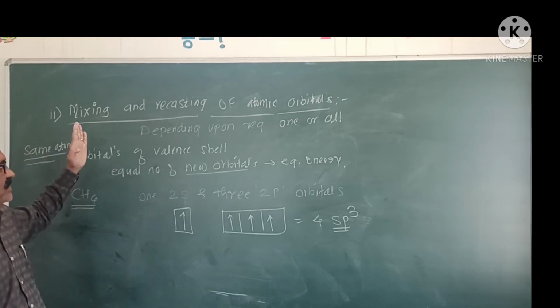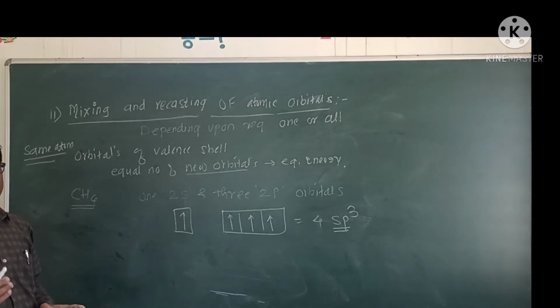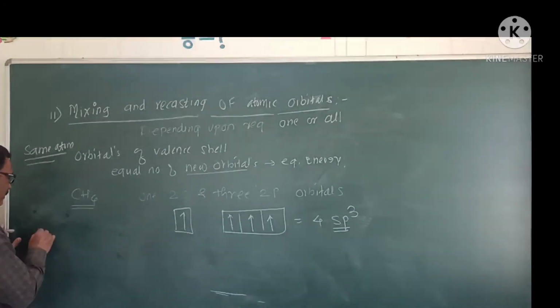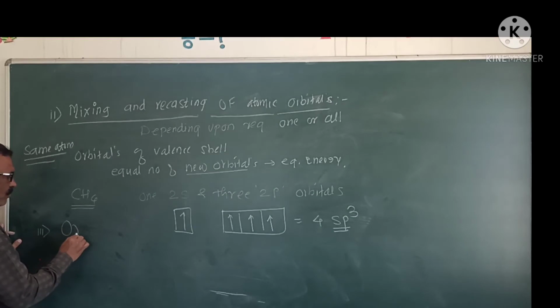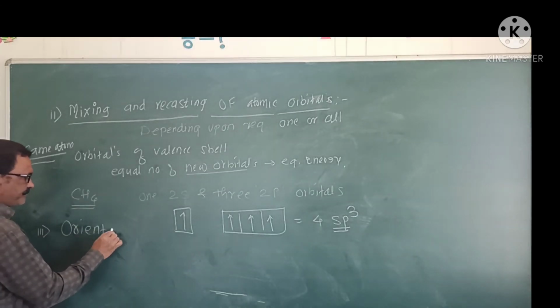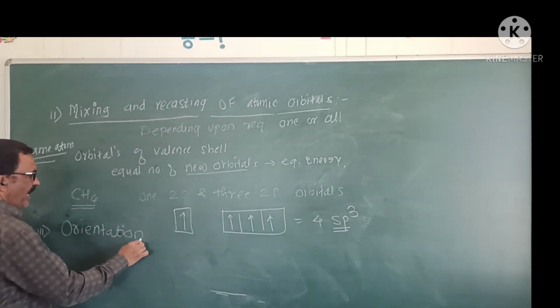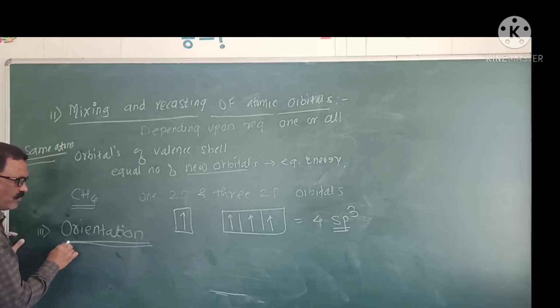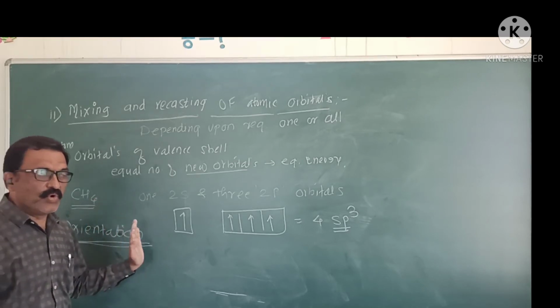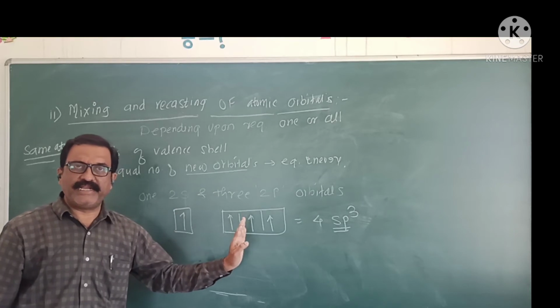That is the next step, the orientation of atomic orbitals. Step number 3, orientation of hybrid orbitals. Why are these new hybrid orbitals oriented?